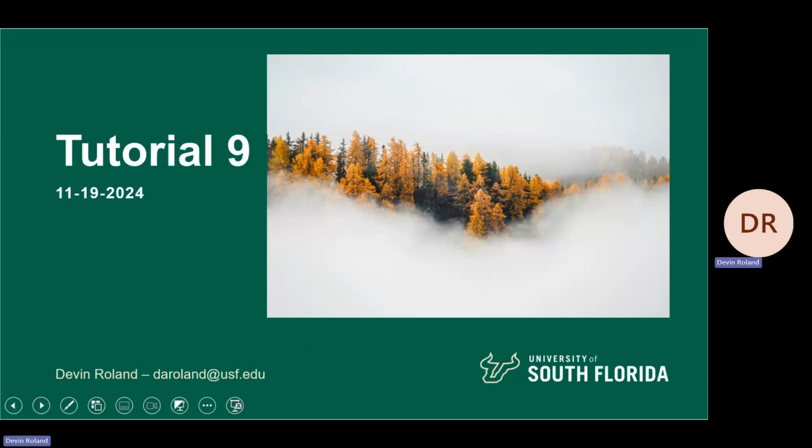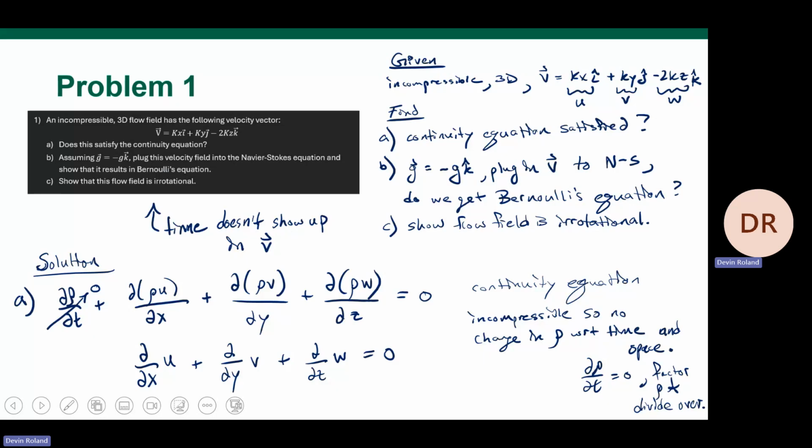So last time I did one problem, an application of the Navier-Stokes equations to look at the derivation for Bernoulli's equation, taking a look at irrotational flow, and satisfaction of the continuity equation as well.